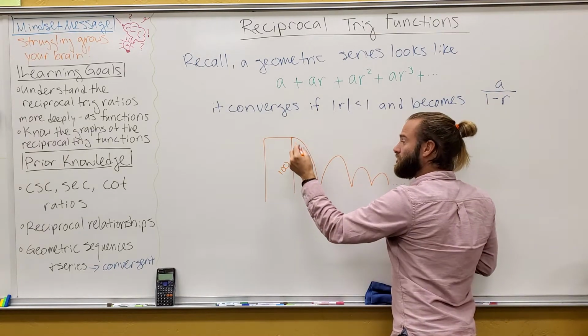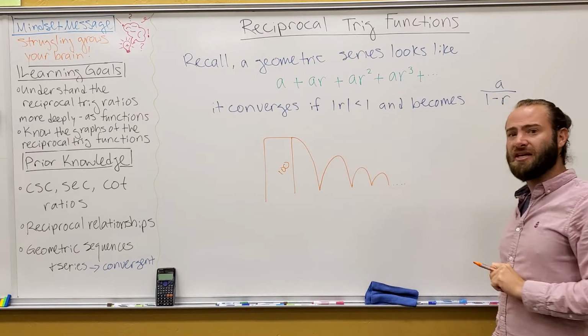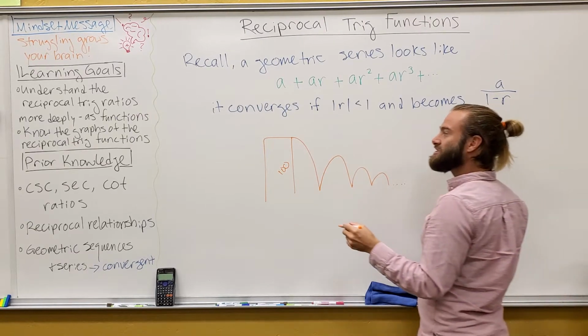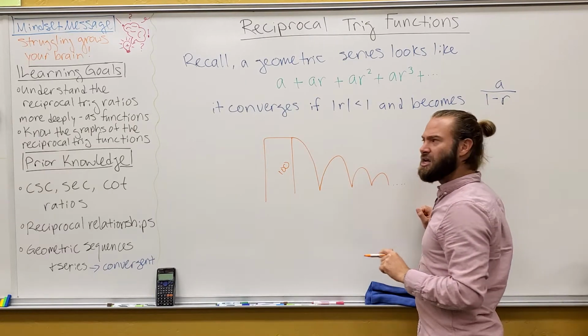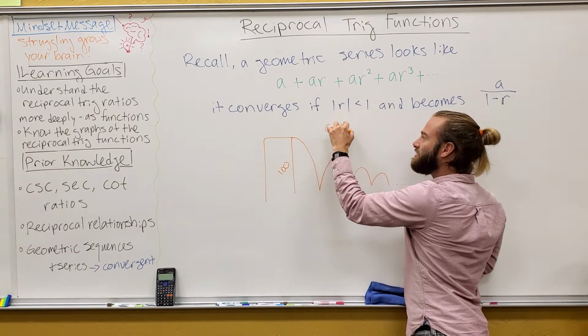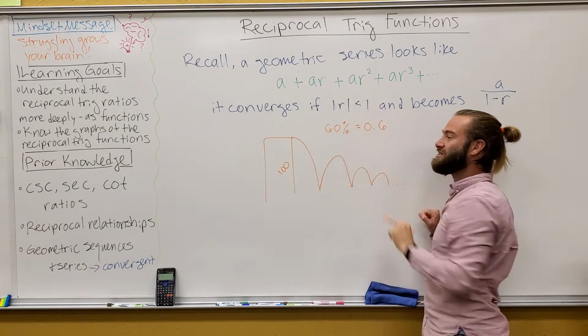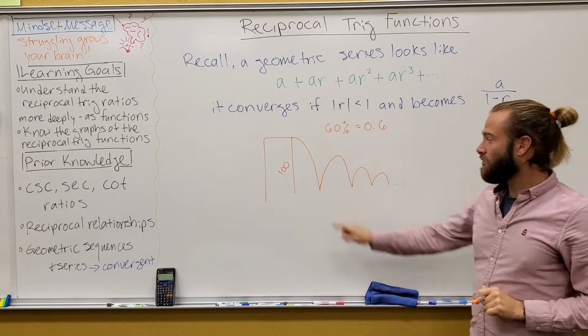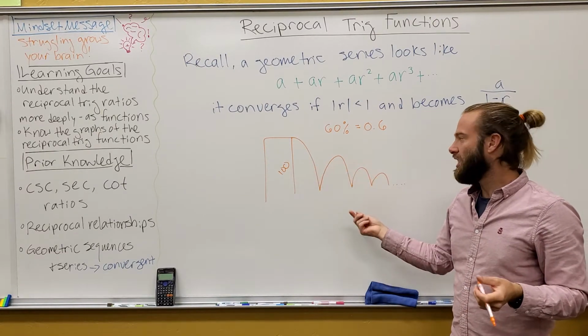If I were to give a number to this, let's say it reaches 60% of its original height every new bounce. Do you agree that 60% falls into this category of being less than 1, because as a decimal, that's 0.6.